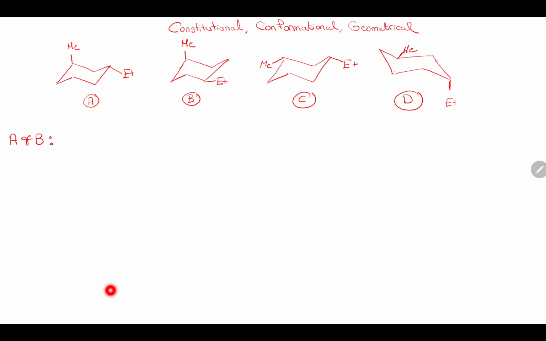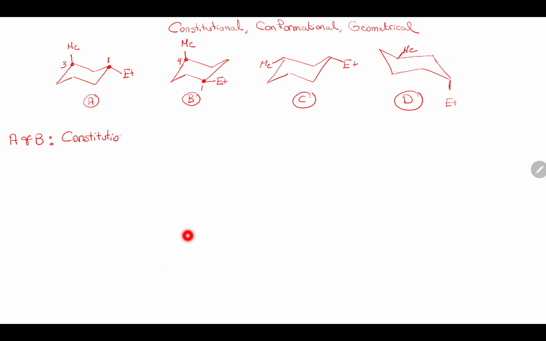If you look at A and B, you will notice that in A, the groups are at positions 1 and 3, whereas in B, the groups are at positions 1 and 4. Since the branches changed their positions, A and B are called constitutional isomers.